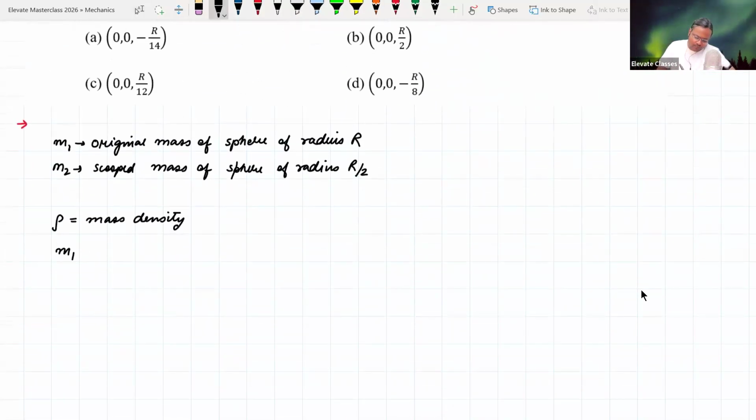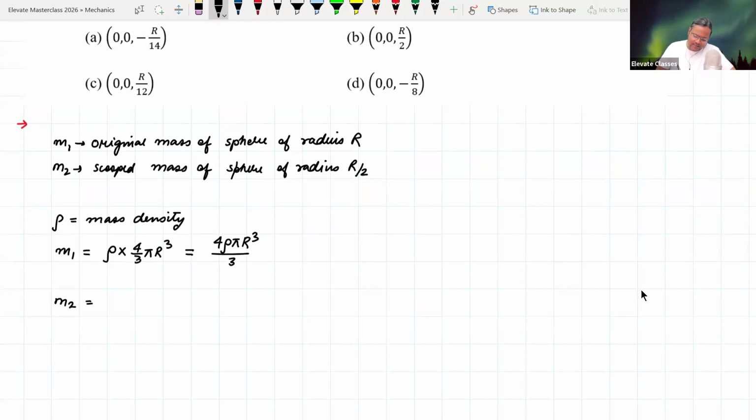So what is M1? M1 is equal to mass density times volume, right? So what is the volume? 4 by 3 pi r cube. This is the original mass. So 4 rho pi r cube upon 3.